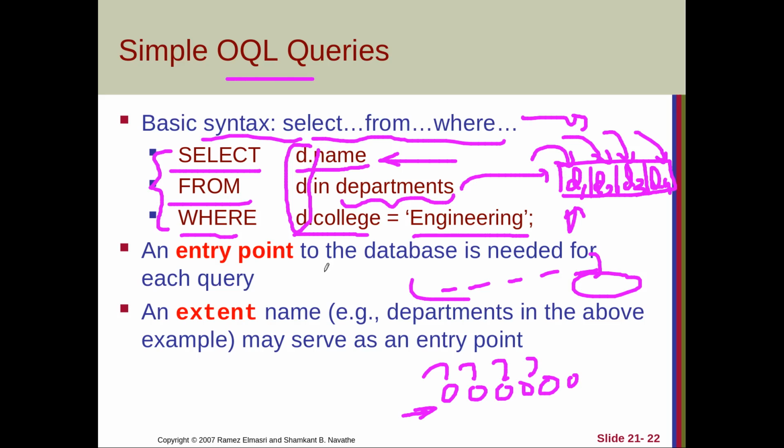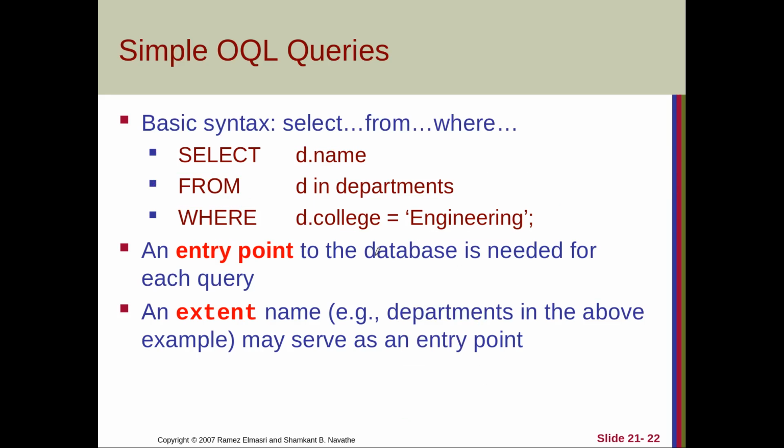An entry point to the database is needed for each query. So which is the entry point? What is to be selected is D dot name, and what is the extent?